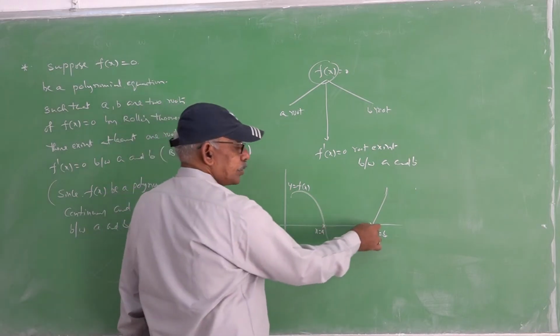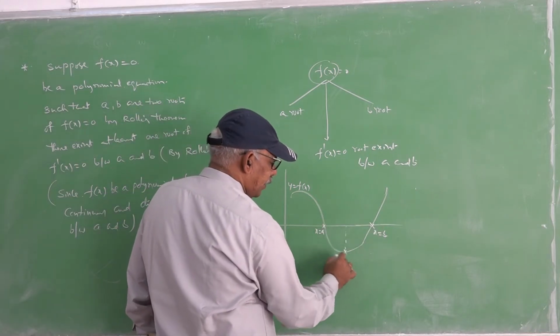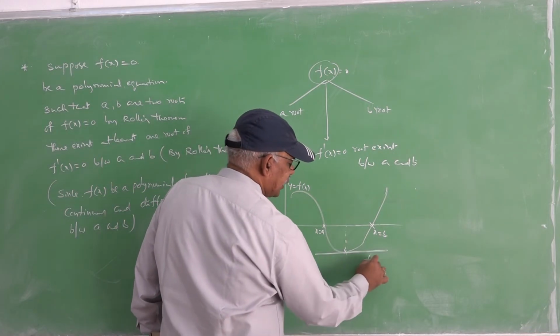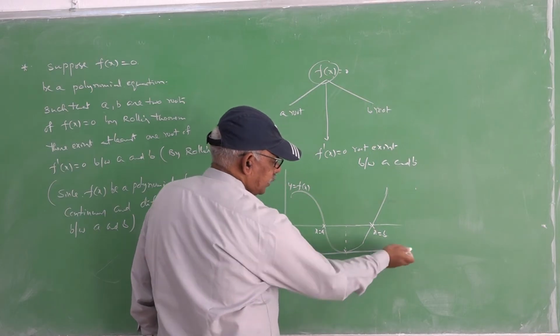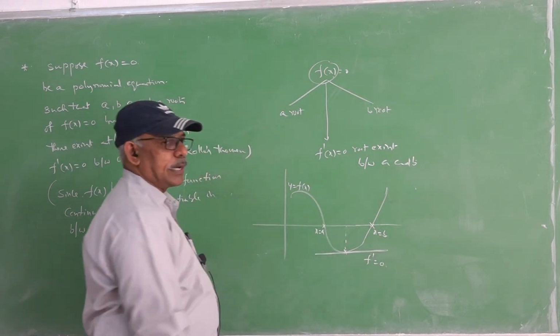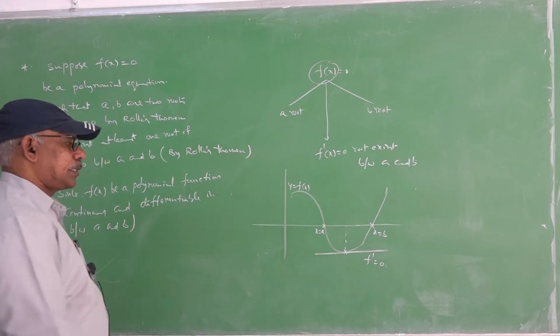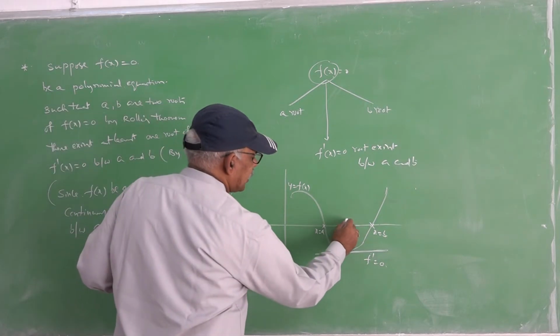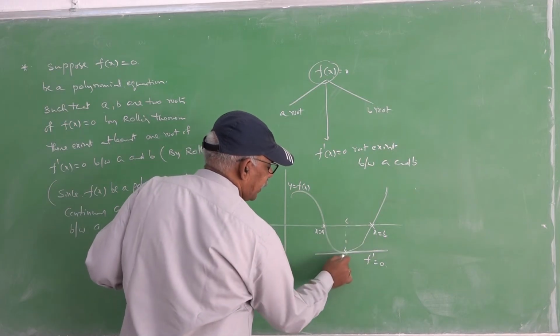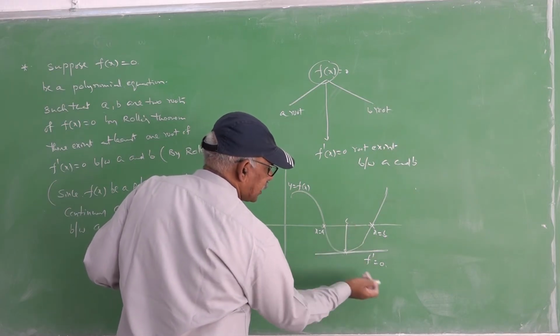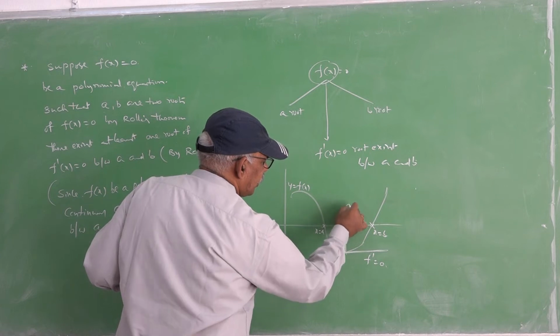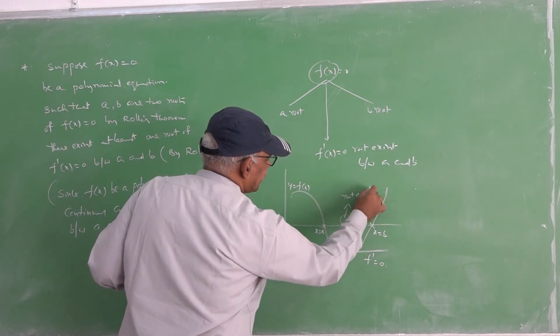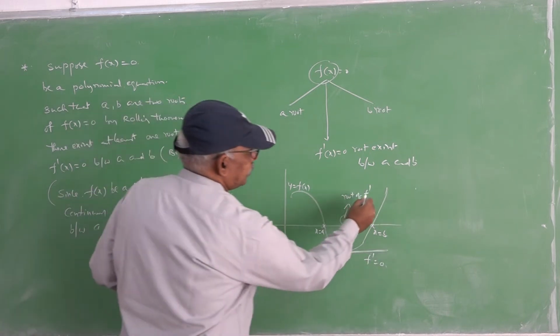Between two roots, certainly there is a point where f dash is 0. The tangent is parallel to the x axis at a certain point. So, this is x equal to c, that lies between a and b, and is a root of f dash x equal to 0. This is one root of f dash x equal to 0.